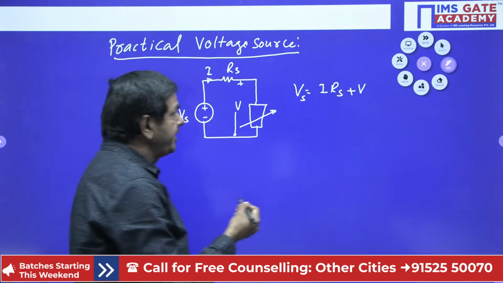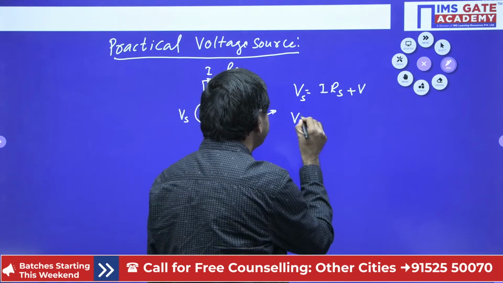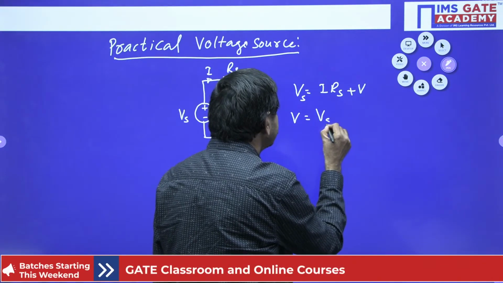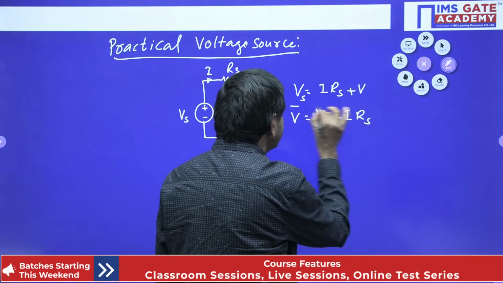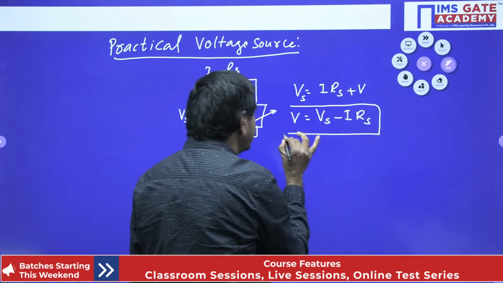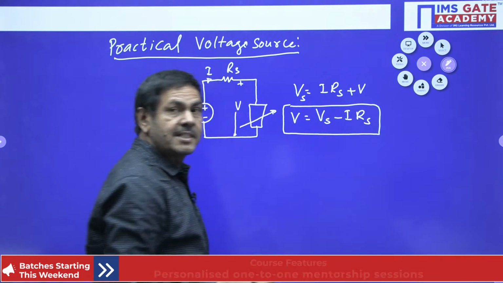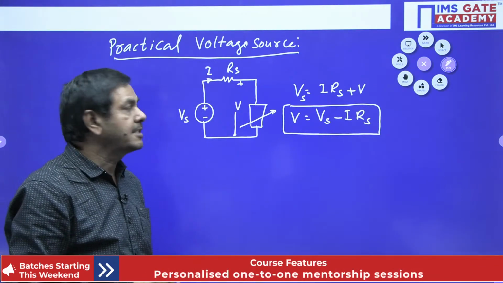I am in need of V. How to get V? V is nothing but Vs minus I into Rs. Based upon this equation only, the load voltage versus load current characteristic curve is plotted.